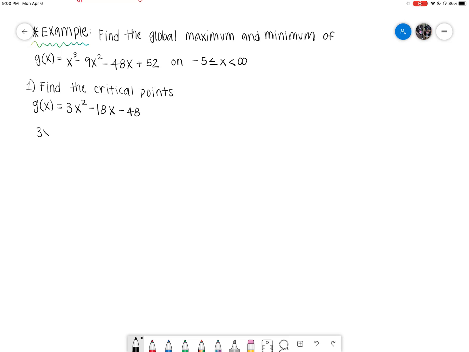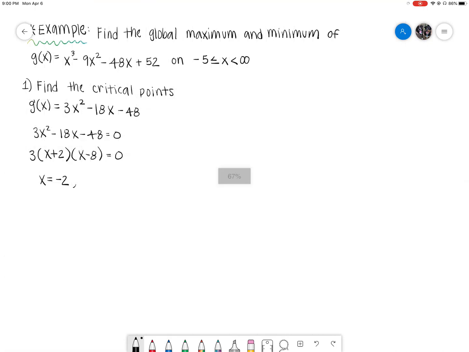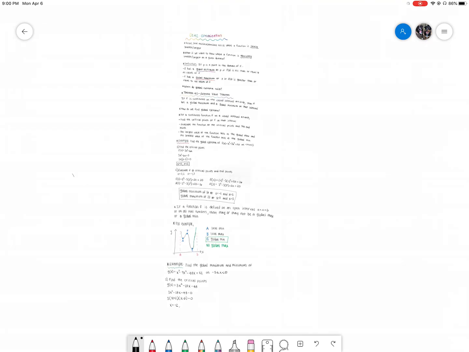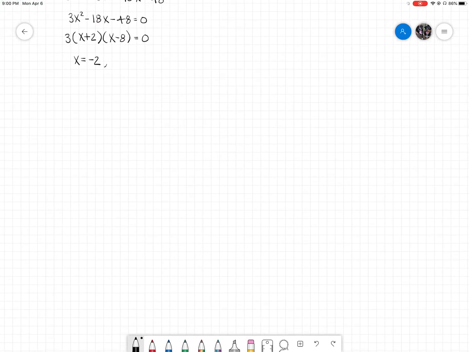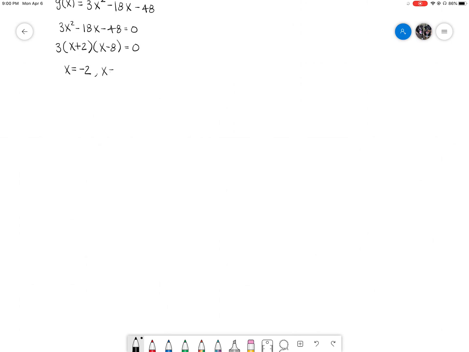We take that, set it equal to 0, and solve for x. We can pull a 3 out here. So pulling a 3 out and factoring, we get 3 times x plus 2 times x minus 8 equal to 0. So that tells us x is equal to -2, or x is equal to 8. So those are our critical points.